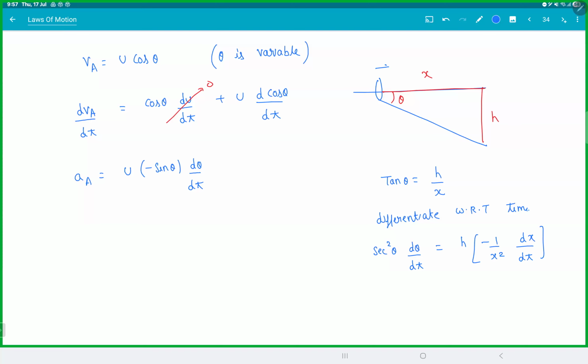Now be careful, what is dx by dt? X is decreasing here. So dx by dt is minus vb, or vb is minus dx by dt, negative since x is decreasing.